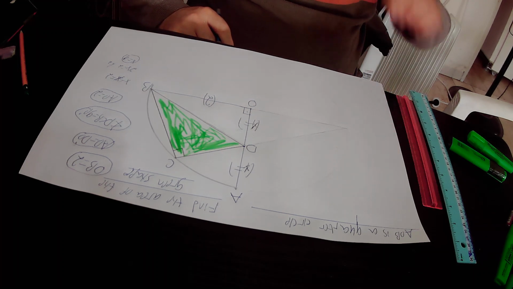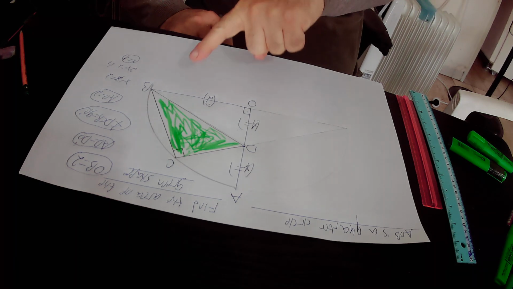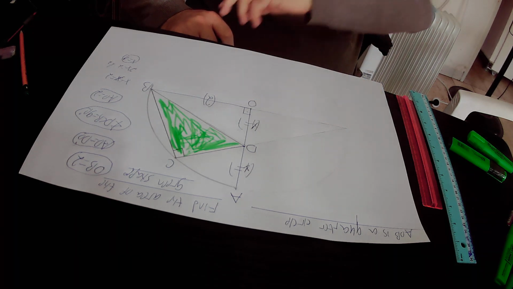In the next step, we do a construction. That is to say, we complete this quarter circle to a circle.